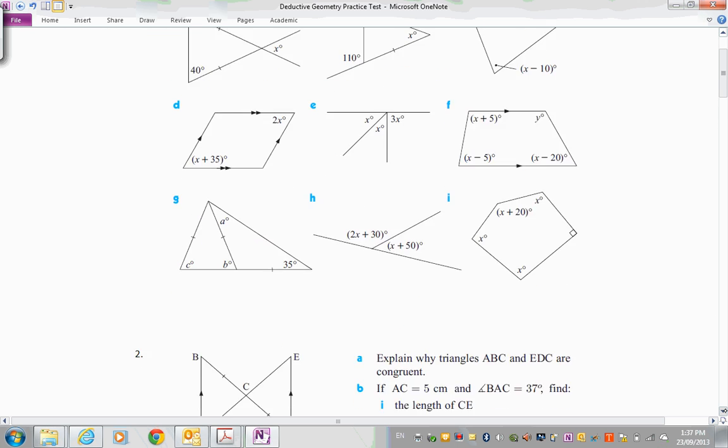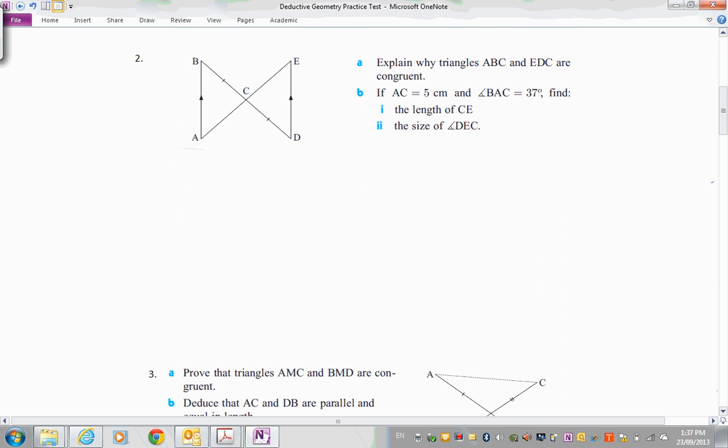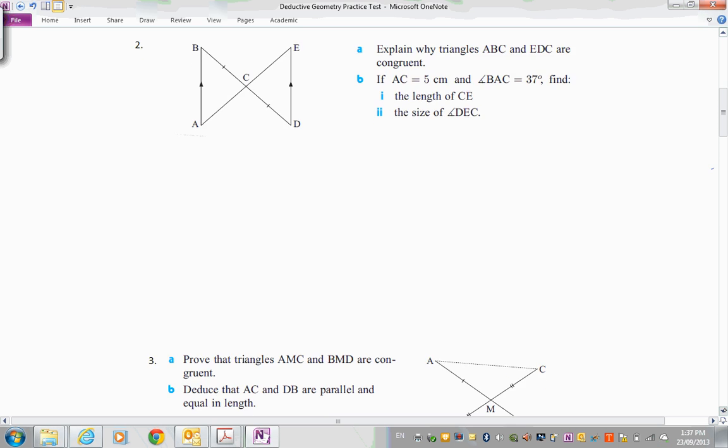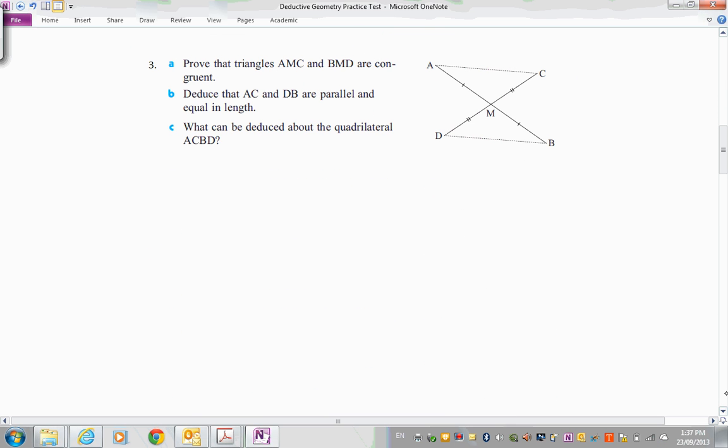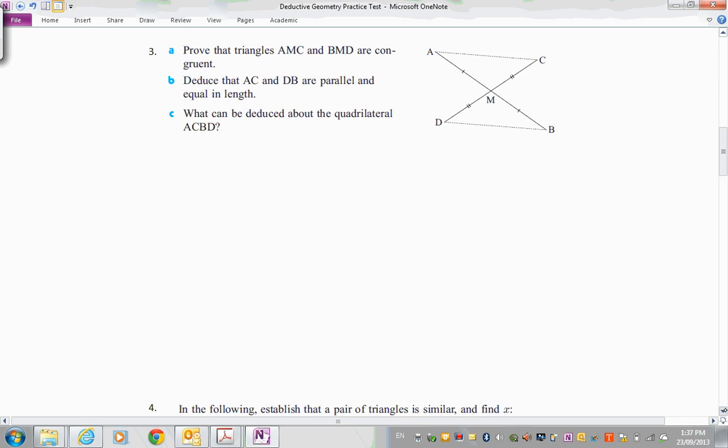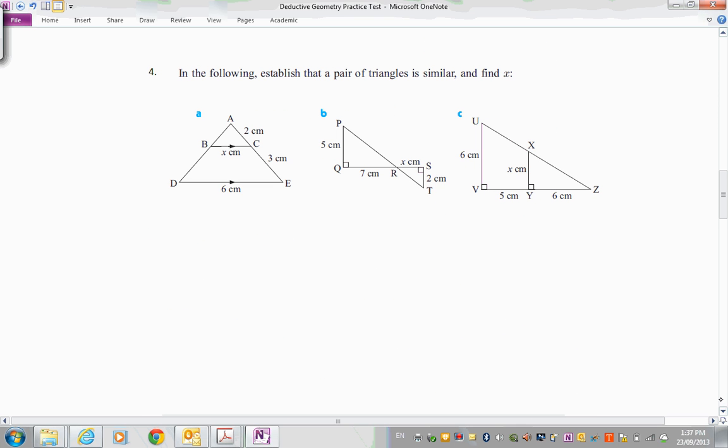Come down. There's question 2. I'm going to write the solutions in after we've been through this and after you've paused it and had a go. And question 3. Question 4.